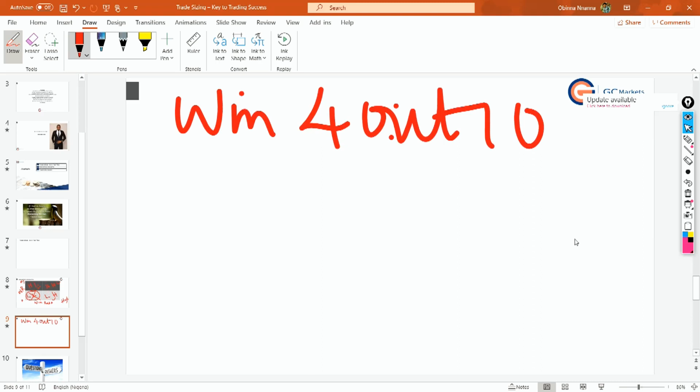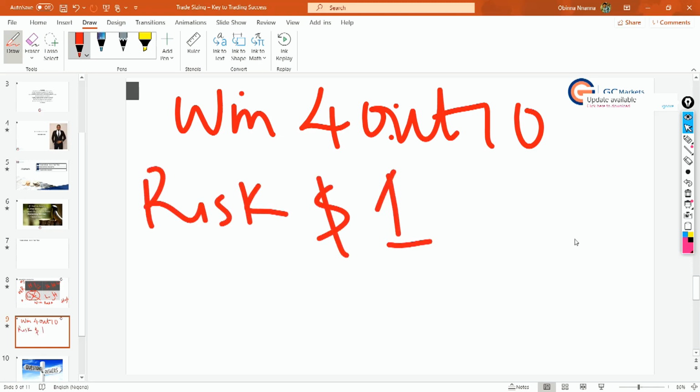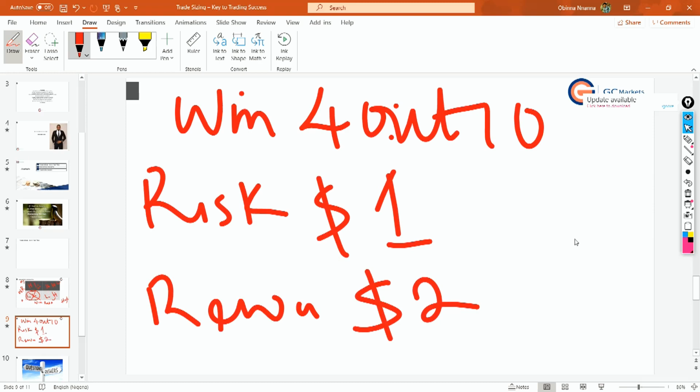For each trade, we are risking, let's say, $1 to make 2. So we risk $1 and we try to make $2, right? So this is a 1:2 risk to reward ratio. Now remember, we have a low win rate, but we have a higher win ratio.